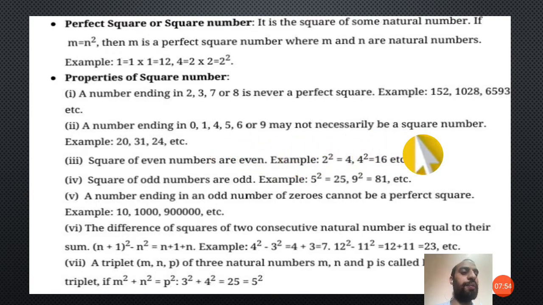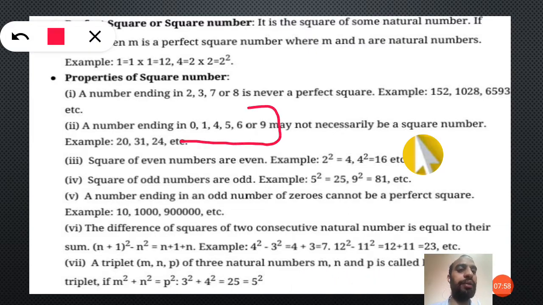This is also very important. In general, numbers ending with 0, 1, 4, 5, 6, 9 are generally perfect squares, but not in all cases. For example, 20 is not a perfect square, 31 is not a perfect square, and 24 is also not a perfect square.